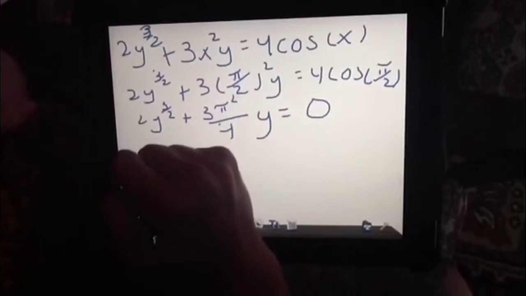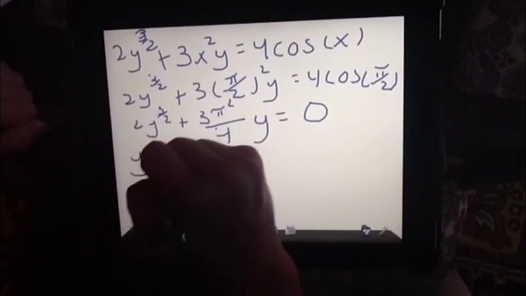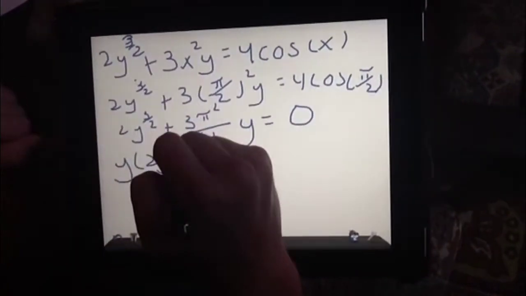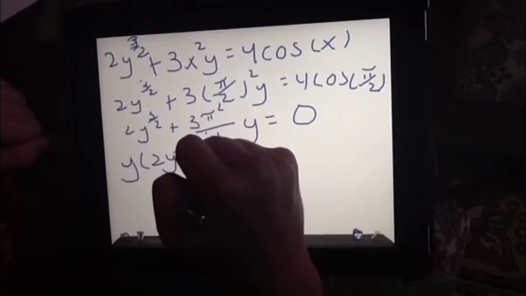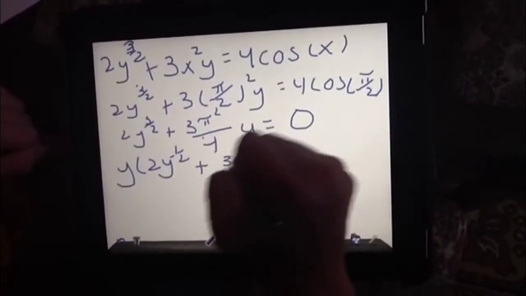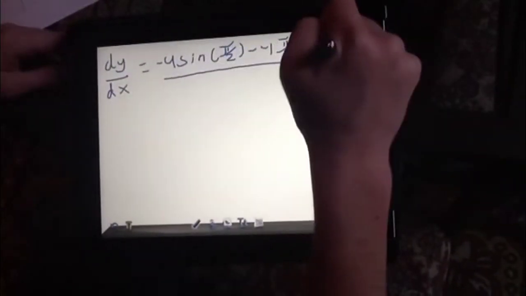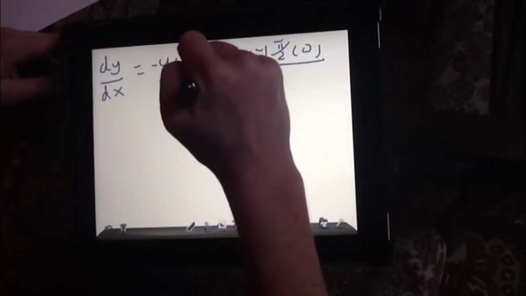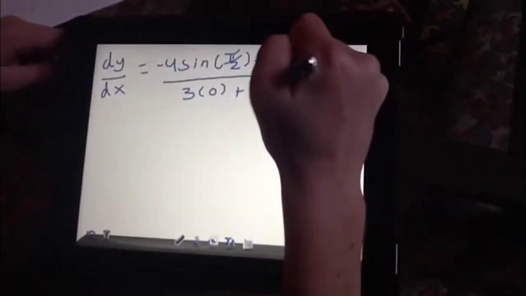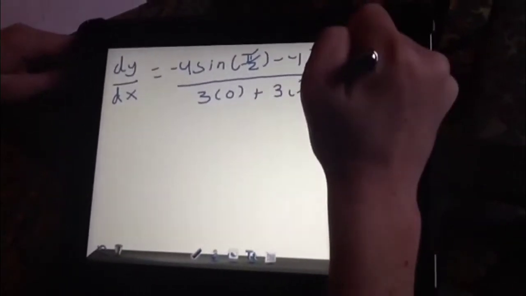We're then going to factor out a y, which will then give us 2 times y to the 1/2 plus 3 pi squared divided by 3 times 0 plus 3 times pi over 2 squared.